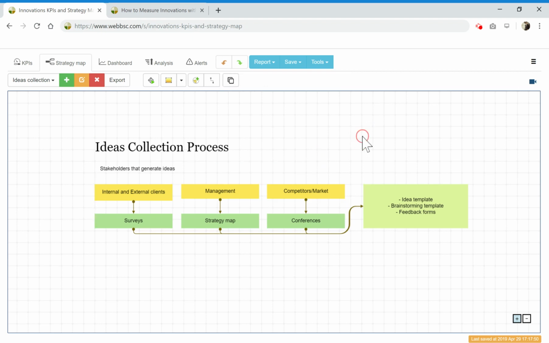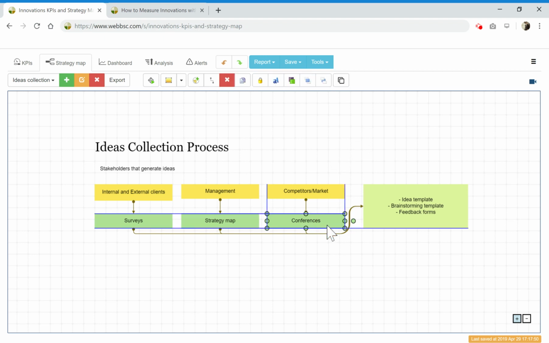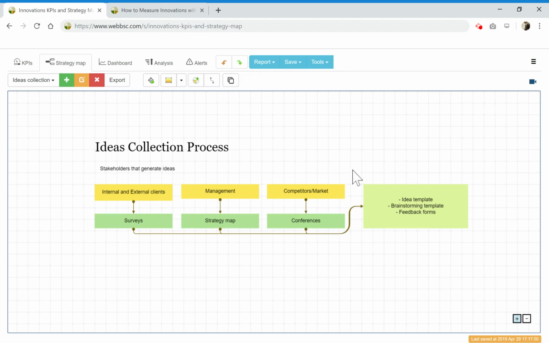So we look at different stakeholders, we think about different ways to communicate with them, and we come up with different ways to get innovative ideas from all those stakeholders. So you can get innovative ideas from your clients if you do regular surveys, and you can visit some industry conferences to get some ideas from your competitors, to exchange some ideas. So a lot of ways to improve on this.